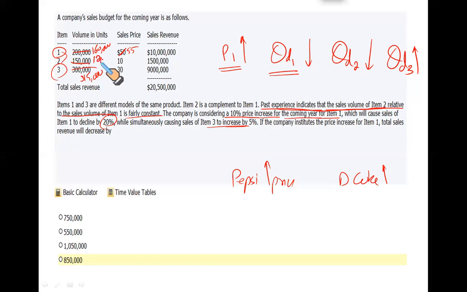So if the company institutes the price increase for item number 1, the total sales revenue will decrease by, so what you're going to do, multiply the new price of item 1 with the new quantity, 160,000 multiplied by 55.